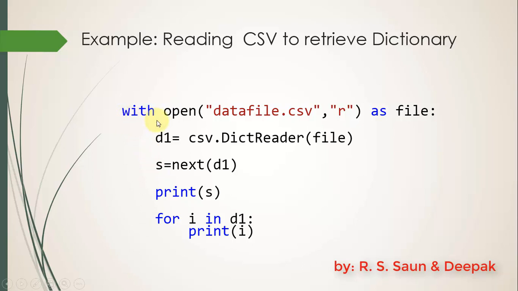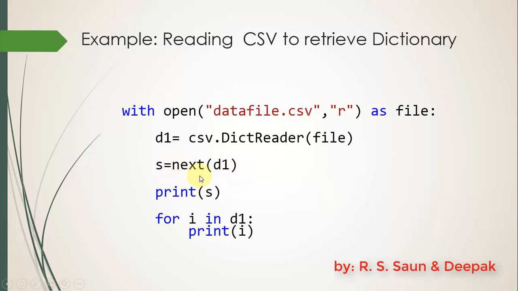Okay, so let's see the example. Here I have opened a file, datafile.csv, or previously we have created a university.csv, and r for read mode, as file will be our file object, and d1, any variable of your choice, is equal to csv.DictReader, and then we are going to supply the file, and then s is equal to next(d1).